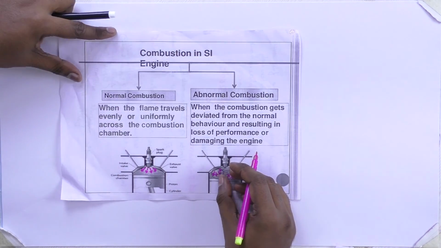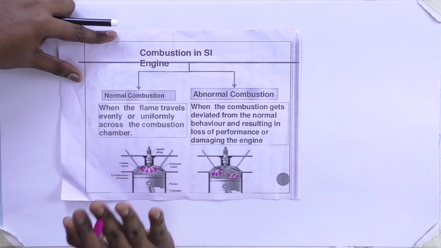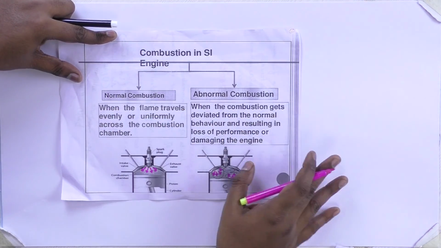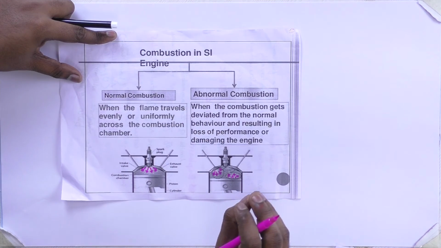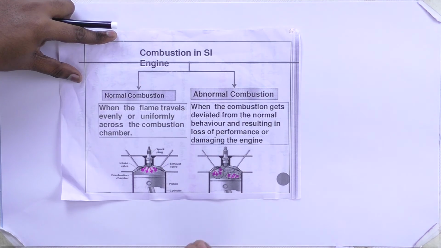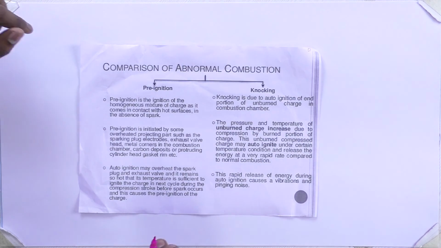By comparing these two, normal combustion is the better one for our IC engines. Depending upon these, we may give details about the performance and the life of the engine also.